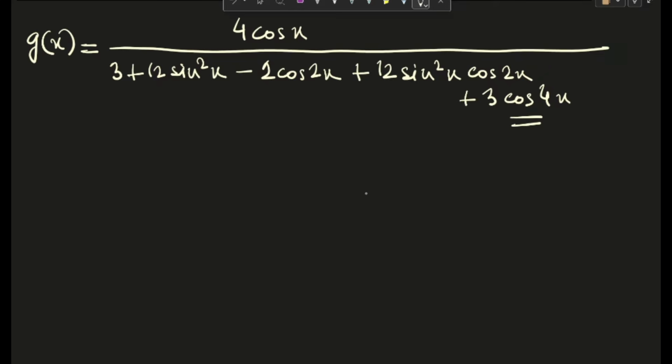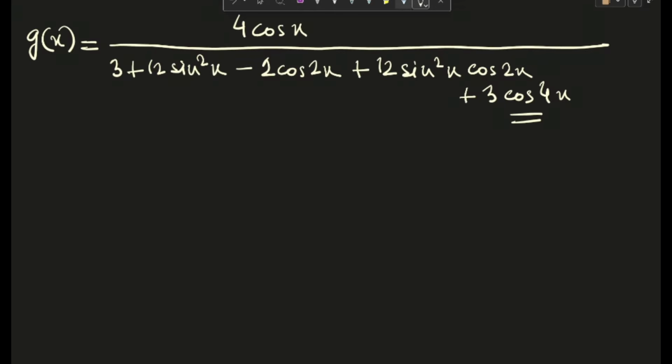I hope I've written this correctly. I will check if this 3 was there or not. Yeah, this 3 was there. So I am not writing this whole huge fraction repeatedly. We will take this denominator directly and first manipulate this because this is not looking normal at all.